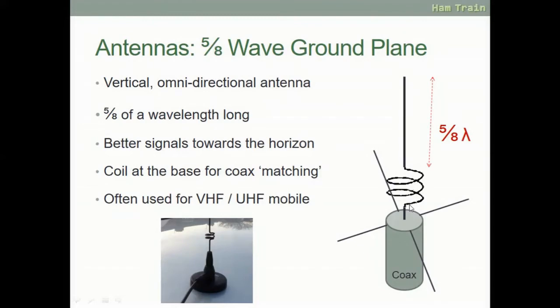This allows the antenna to match that coax. And they're very often used for VHF and UHF. You don't tend to see them on HF so much. And they're also used in mobile. So you can see the image here doesn't have the ground planes out the side. That is because the vehicle underneath is acting as that ground plane.